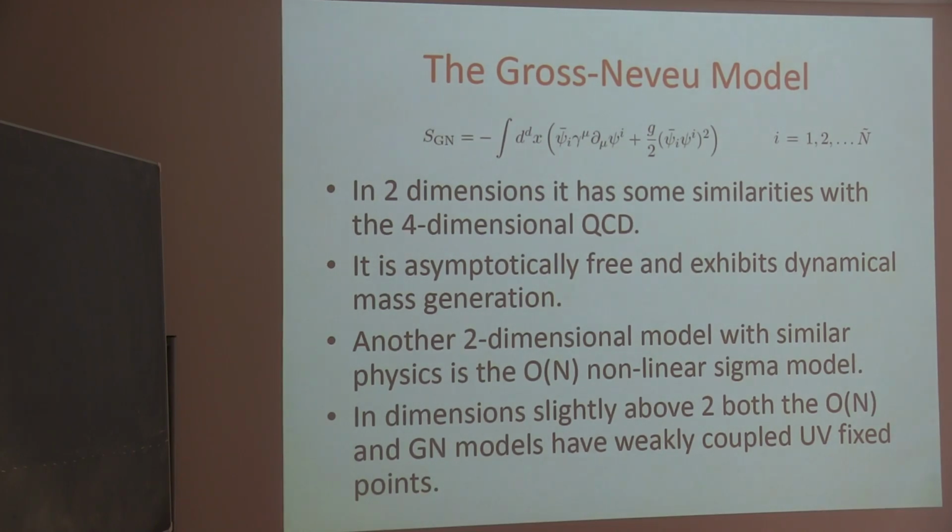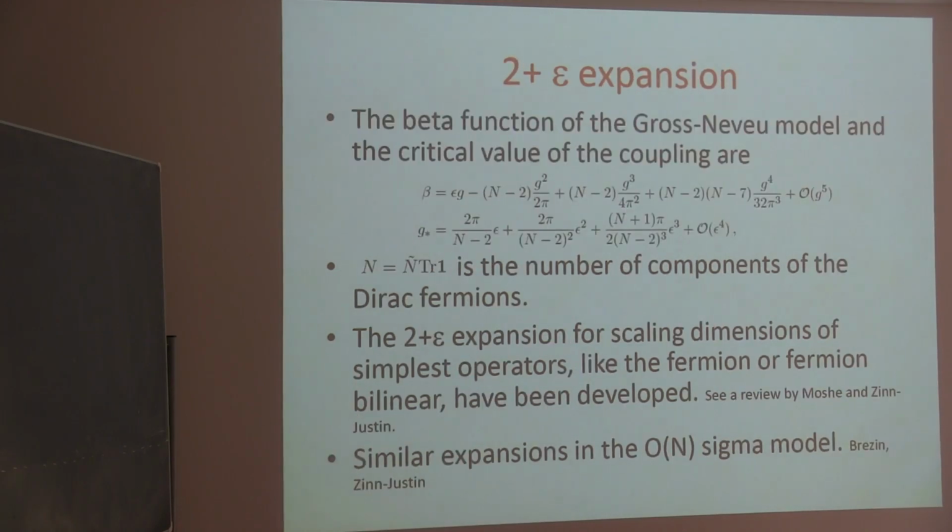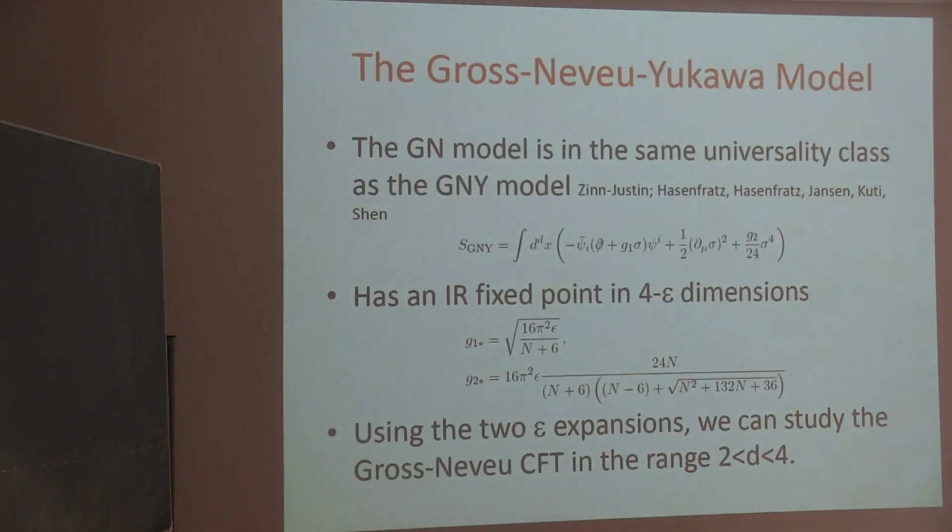You can think of the GN model as OK in 2 dimensions, but it's just not OK technically above 2 dimensions. You have to replace it by another theory, and that other theory is the GNY model. I think everyone will agree with this statement. In particular, it's UV complete, it's renormalizable.